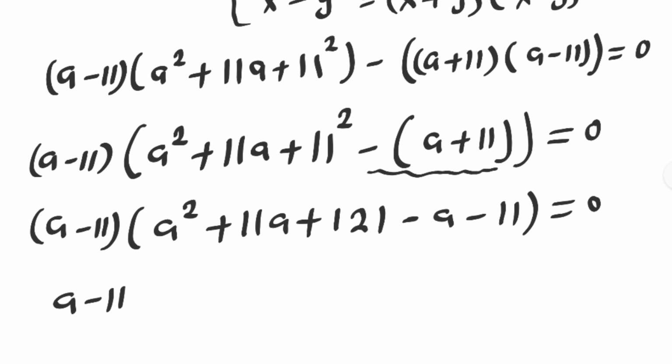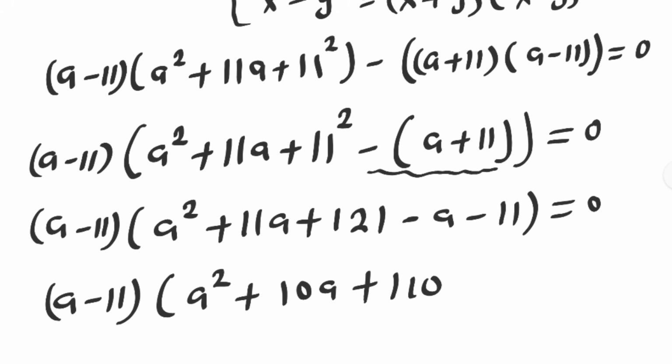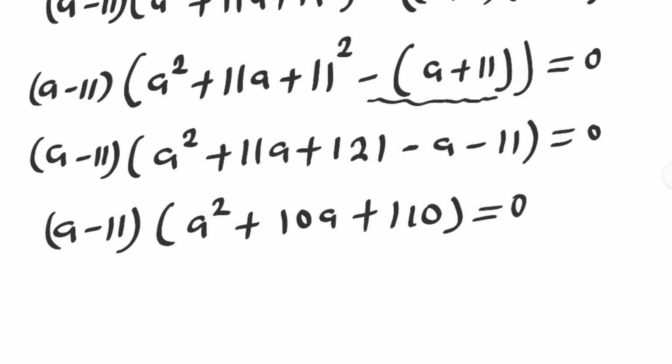A minus 11 bracket a square plus 11a minus a, that is 10a plus 121 minus 11, that is 110 is equal to 0. There are two cases here.